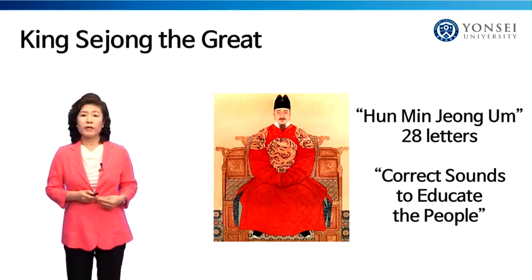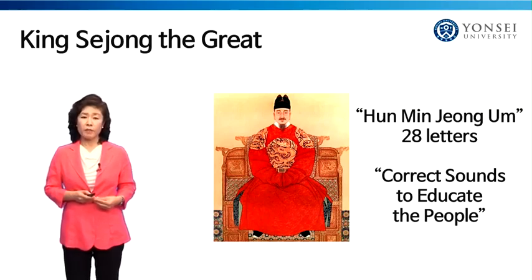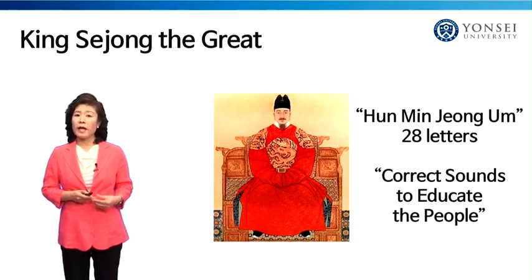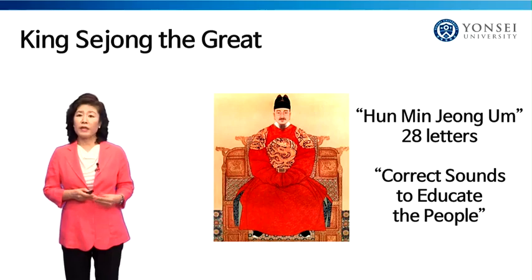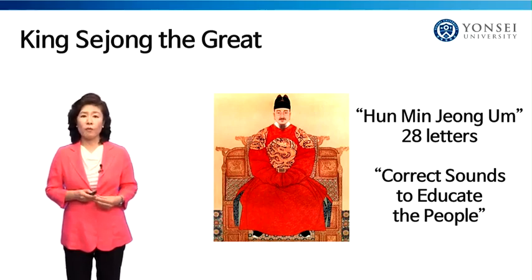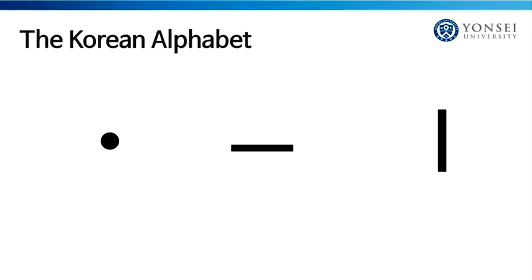This collection of 28 was given the name Hunminjeongeum, which translates as correct sounds to educate the people. As time went on, however, some of the letters fell out of use to the point where now there are 24 basic characters, 14 consonants, and 10 vowels.